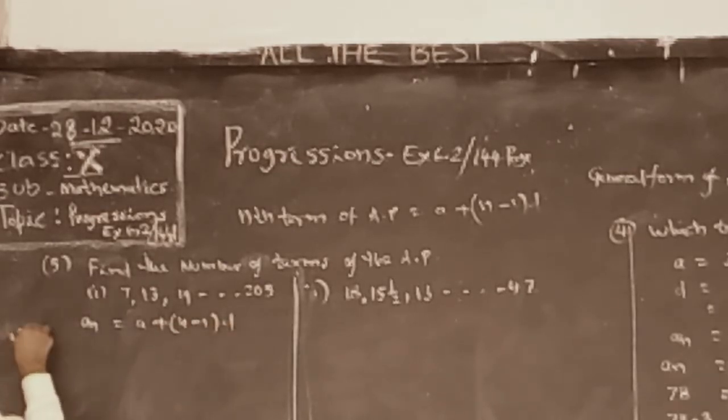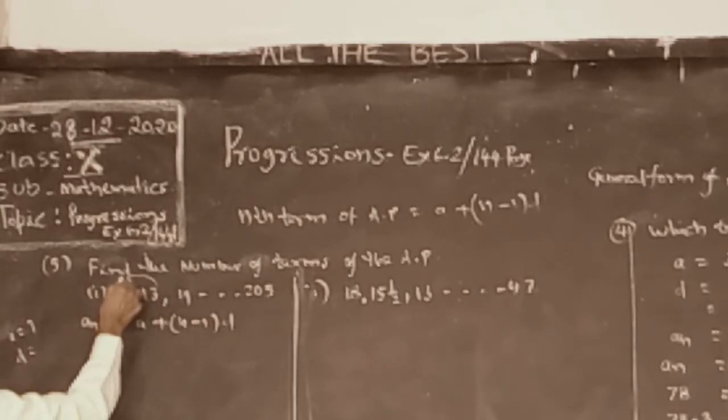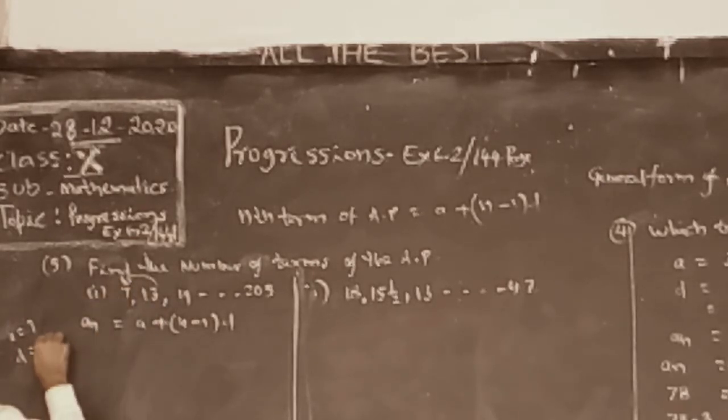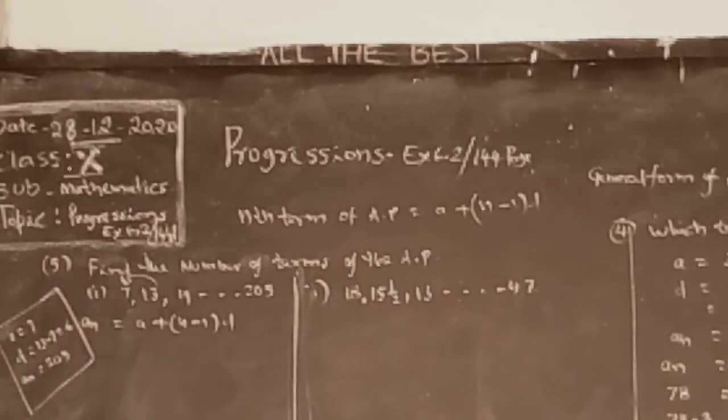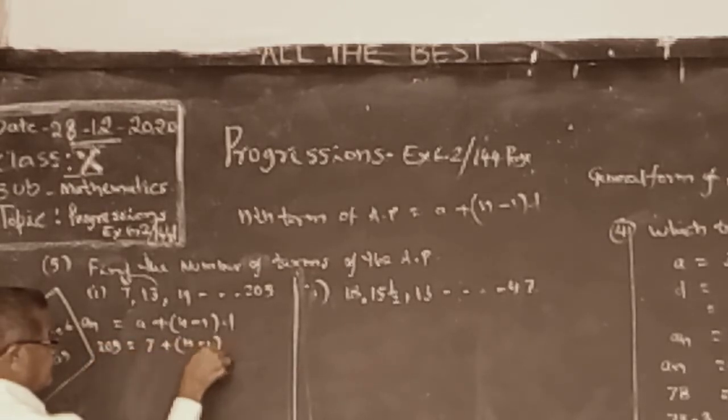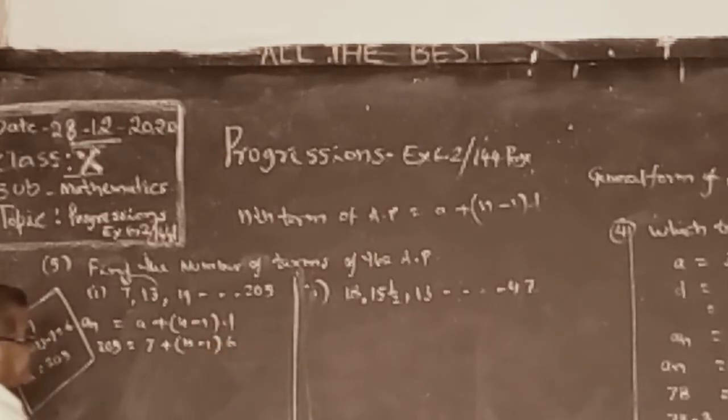Here a is equal to 7, d is equal to 13 minus 7, which is 6, and an is equal to 205. So an is 205, a value is 7, n value we don't know, d value is 6.